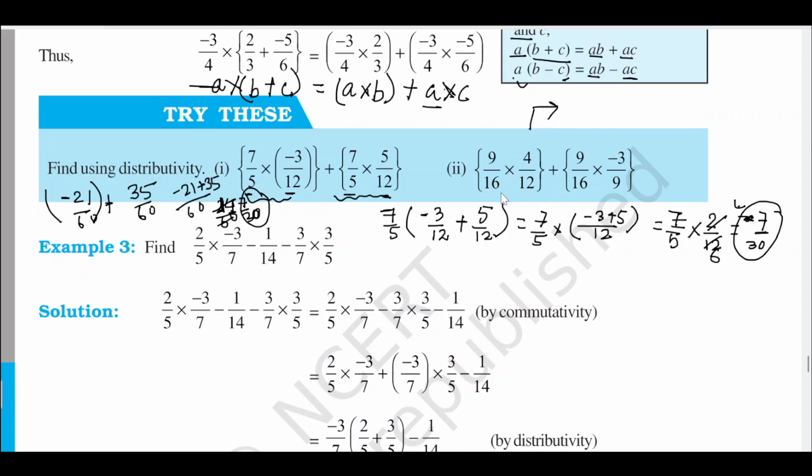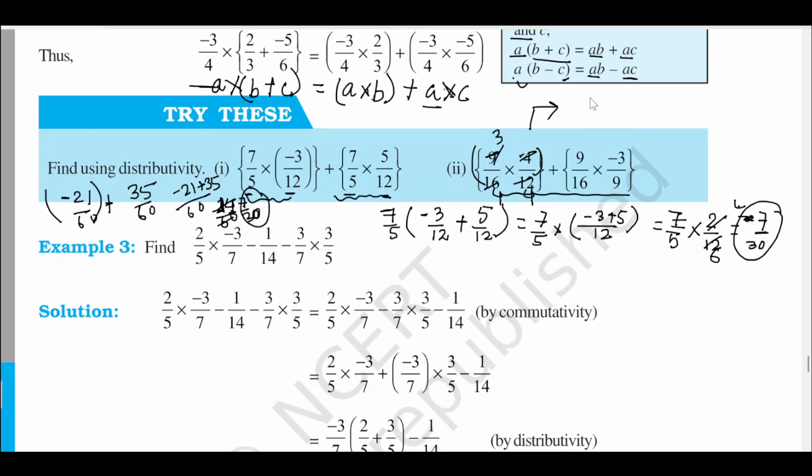We will first go by the bracket, what the bracket is saying. So first we will solve this term. Okay, so this term is going to be... this bracket, if you solve, we are cancelling by 3.